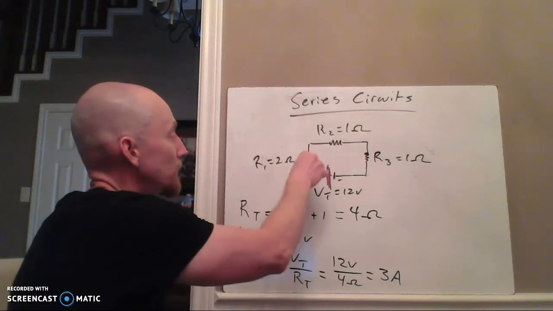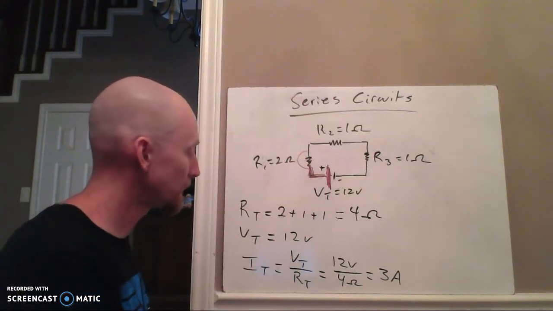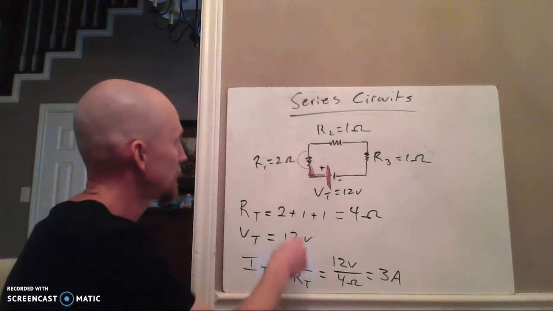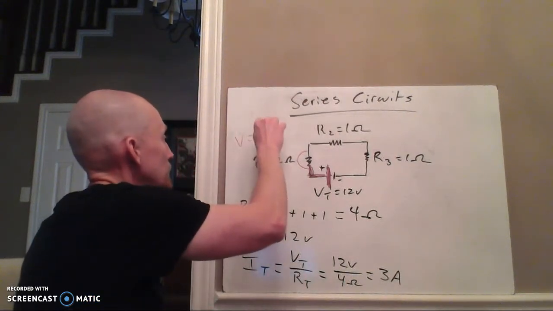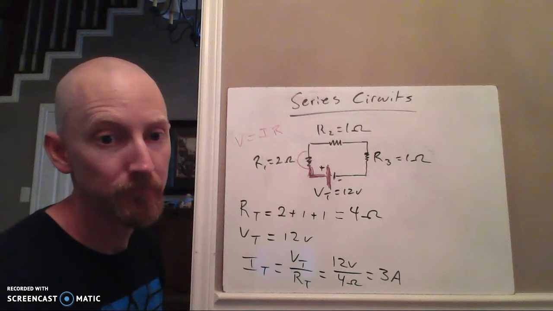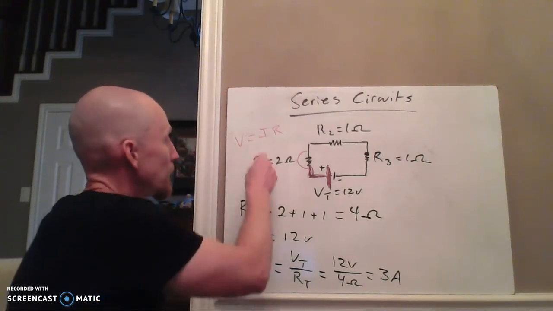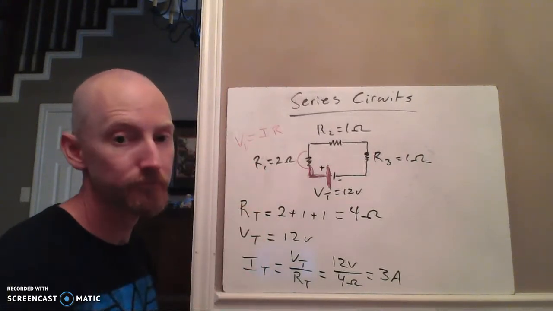So how much voltage does this guy use? Well, it's called voltage drop, and it's pretty easy. You just use Ohm's law. You're going to solve for V, so it's going to be V equals IR. This is R1, so the voltage used by R1 is V1.